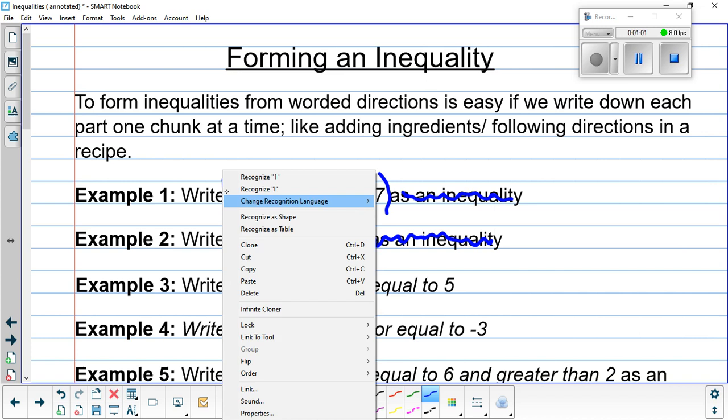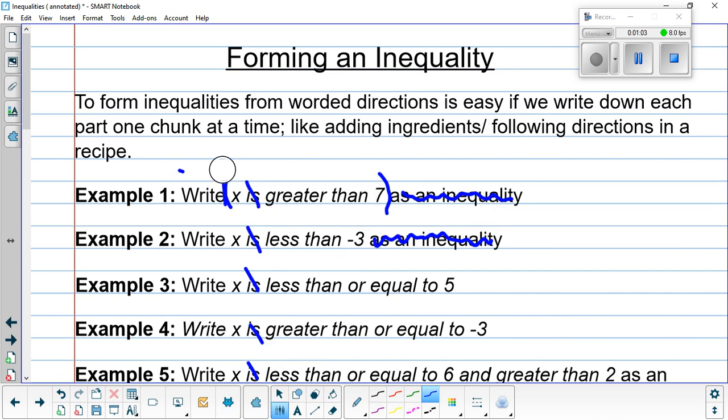I'm just going to get rid of some of the stuff on our page because I made it a little bit messy. I just don't want to distract you. So really, this is all we need: x is greater than 7. How do we write that? x, well, the greater than symbol is that way, and 7.